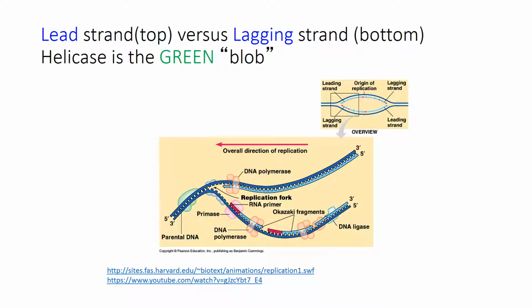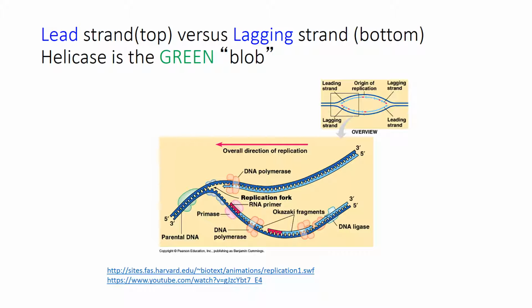So here we go. Here's all of the players together. There's a replication bubble, because remember, DNA replication is occurring in both directions at the point of origin, and we're just looking at the left-hand bubble and that smaller left-hand fork from that smaller upper picture.